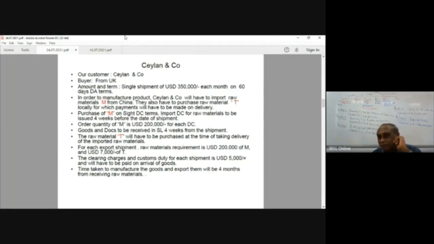Export bill purchase. Are we going to keep any security? When it comes to export bill purchase, there are two ways we can have export bill purchase facilities. One is LC bill negotiation.